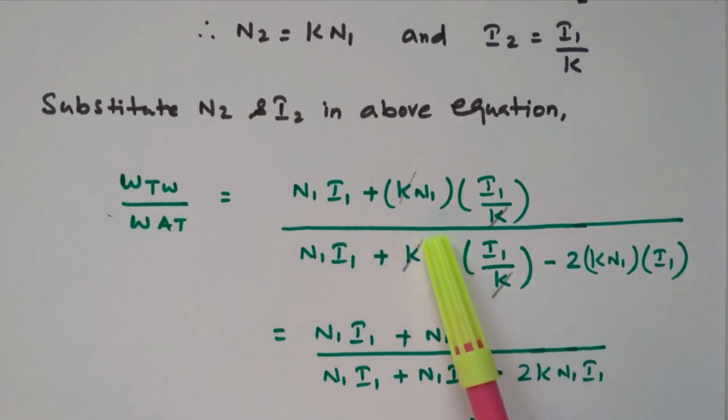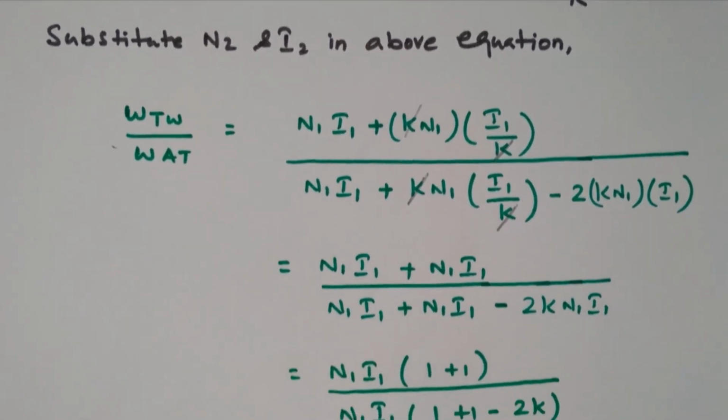Now, we can simplify this: the K's get cancelled. Finally, we have N1 I1 plus N1 I1 divided by N1 I1 plus N1 I1 minus 2 times K N1 I1.